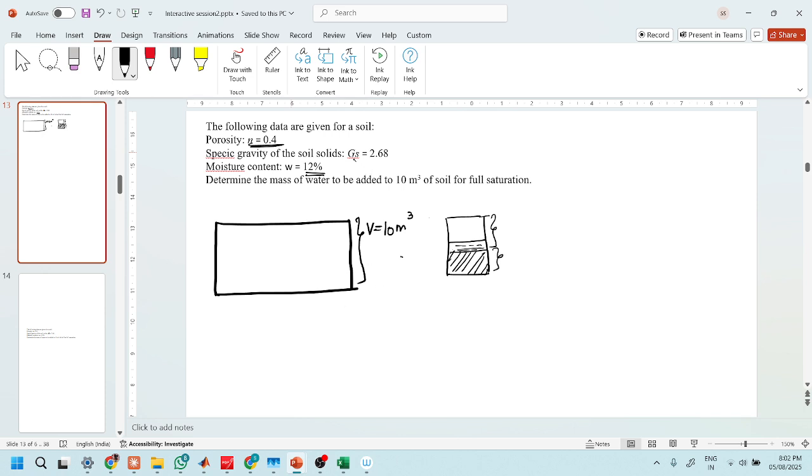We have been given the specific gravity GS. The moisture content is given with respect to this. So we need to calculate how much water for saturation. We can do one thing. From N, we can calculate E.